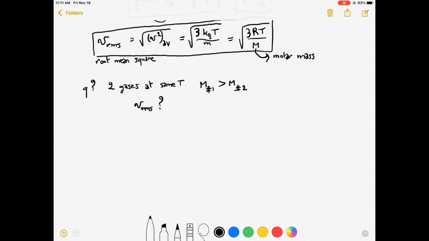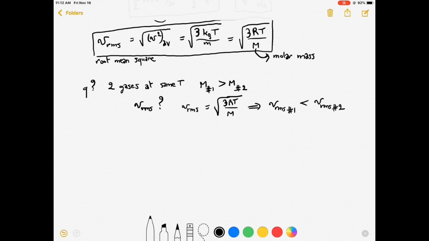The RMS speed is the square root of 3RT over m, so if the molar mass of gas number 1 is larger, then because this is divided by m, the RMS speed for gas number 1 will be smaller than the RMS speed for gas number 2.